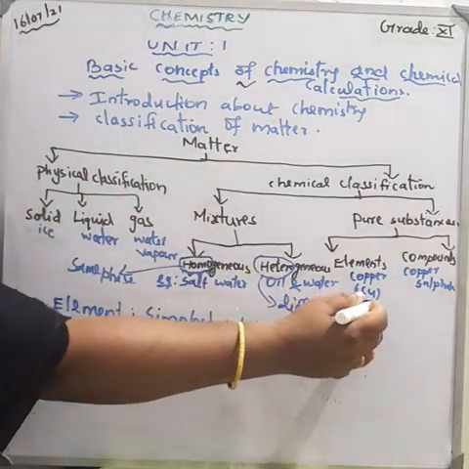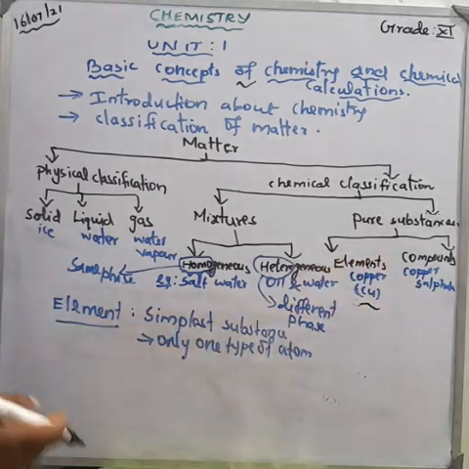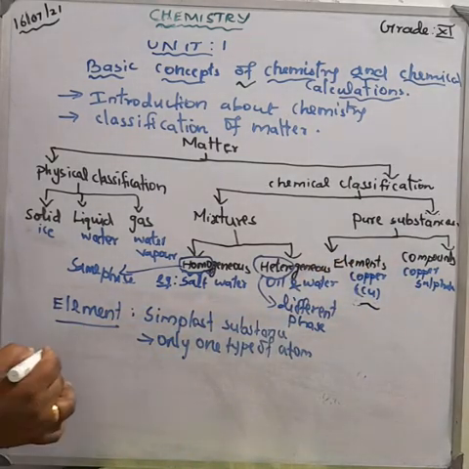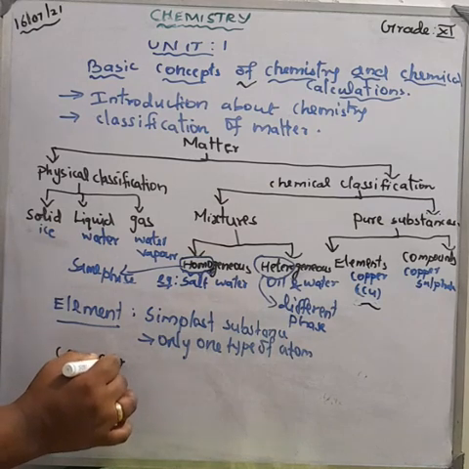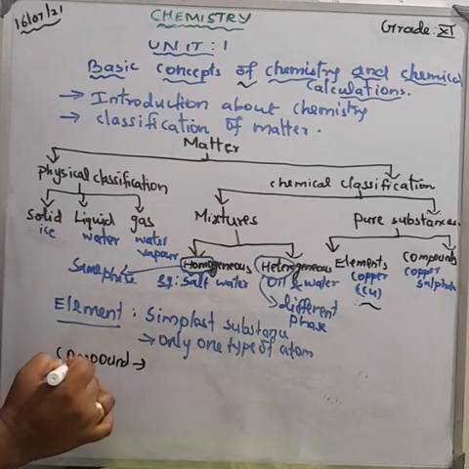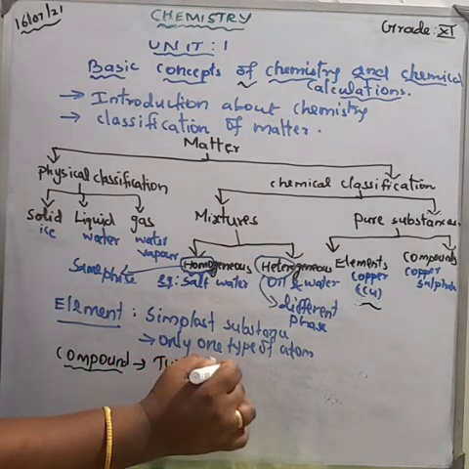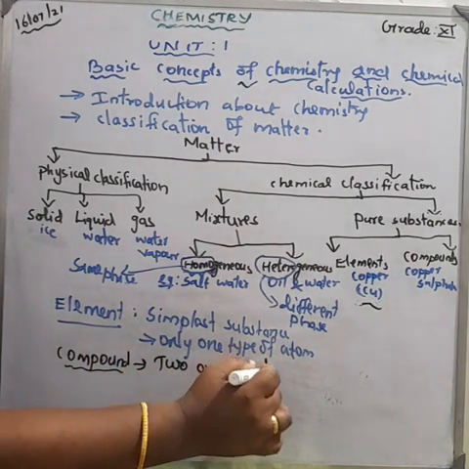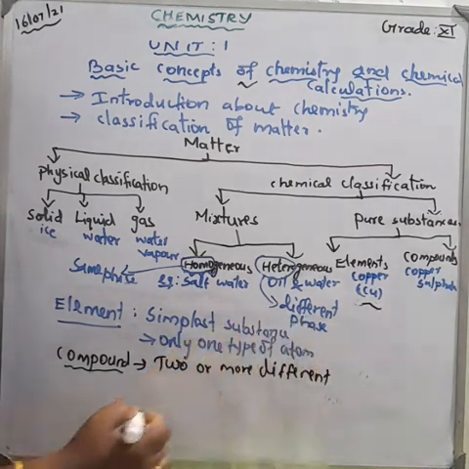And compounds mean two or more atoms combined together. That is a compound. For example, copper sulfate is a compound. An element can exist as monoatomic or polyatomic units.